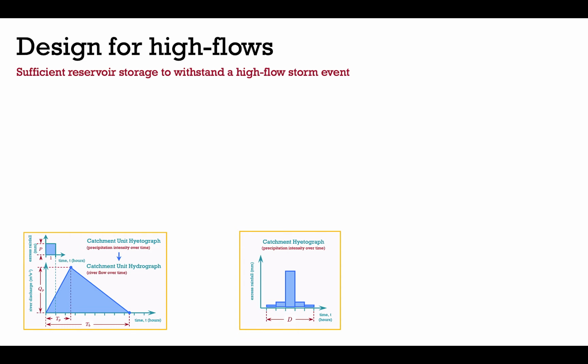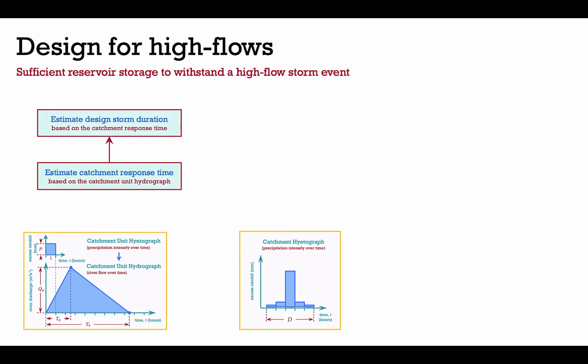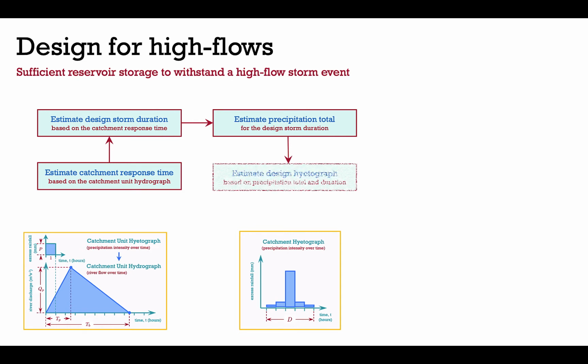The process by which we do this, first of all, we find the catchment unit hydrograph, and this tells us something called the catchment response time, and then from that we're able to estimate our design storm duration. From the design storm duration, we're then able to estimate the precipitation total, and once we have the precipitation total, there are some rules about how we distribute that precipitation over the design duration to produce our catchment hyetograph.